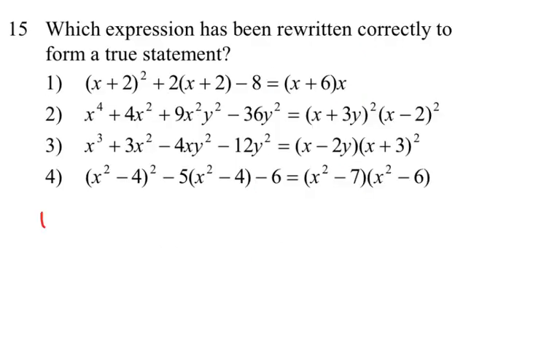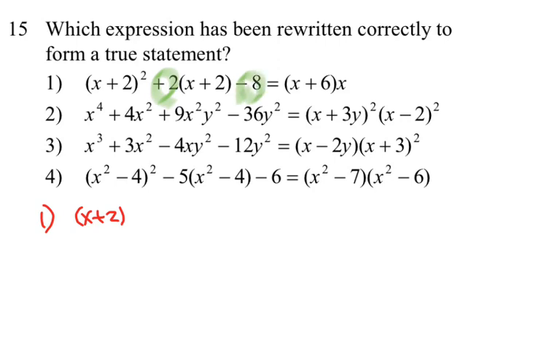All right, number 15. Which expression can be rewritten correctly? You can try to plug in different values, but let me just show you why the first one would have been the answer. You see x plus 2 was common, so I can factor out the quantity x plus 2 squared, focusing on 2 and then negative 8.